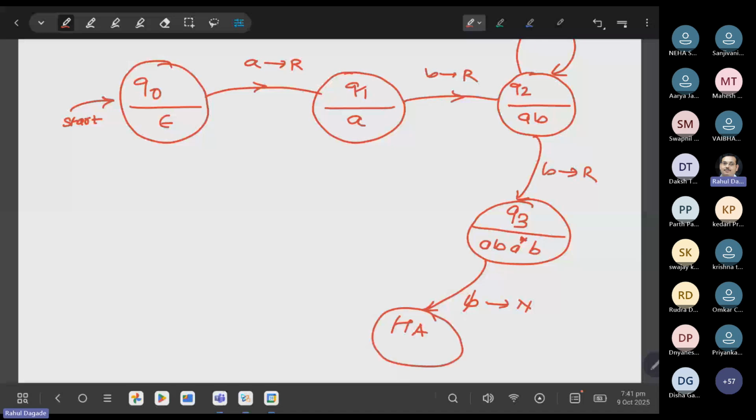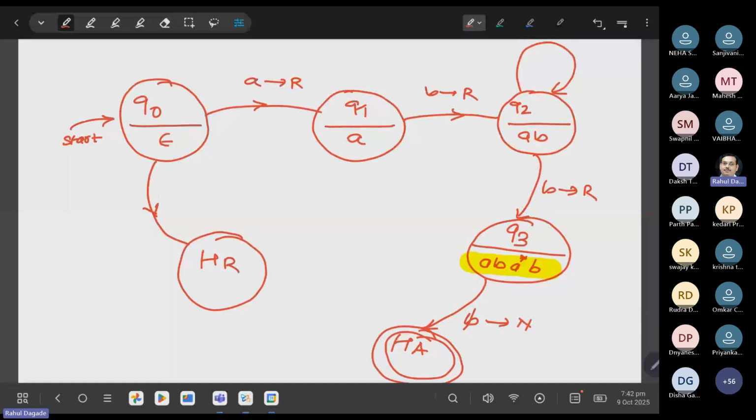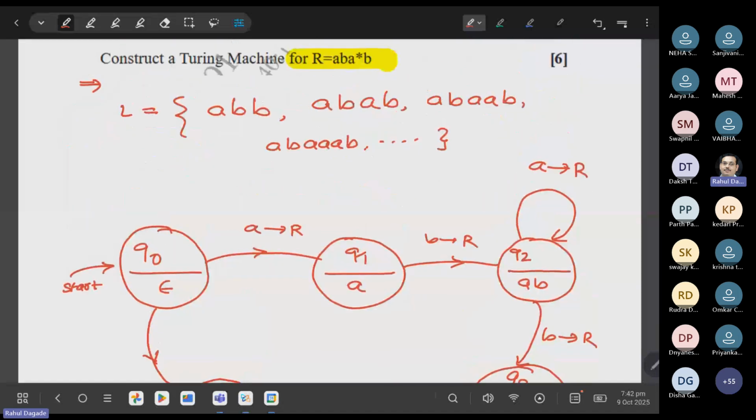अब मेरे पास एक और स्टेट रहेगी called as reject state, HR. क्योंकि अगर मुझे ये पैटर्न AB A star B नहीं मिला, तो मुझे उसे रिजेक्ट करना पड़ेगा. तो now if in Q0 state, if I get a blank or even if I get B, that means the string is starting with B, वो रिजेक्ट हो जाएगी.